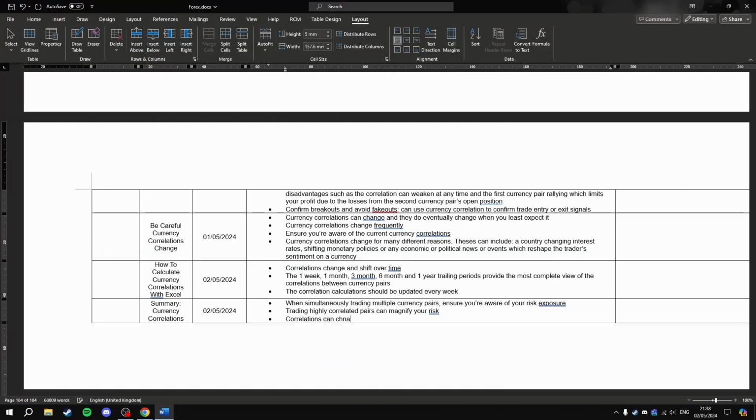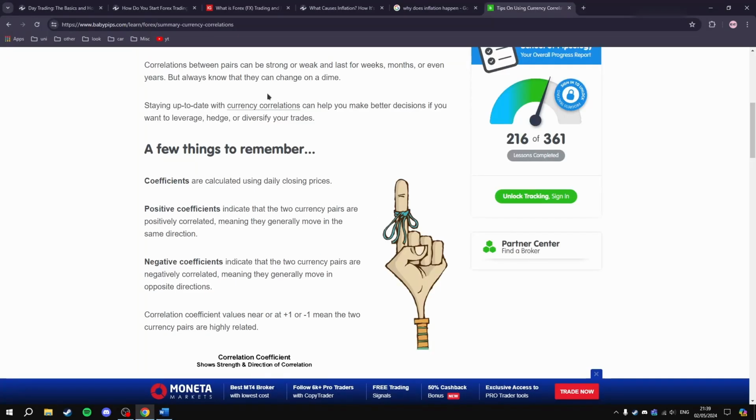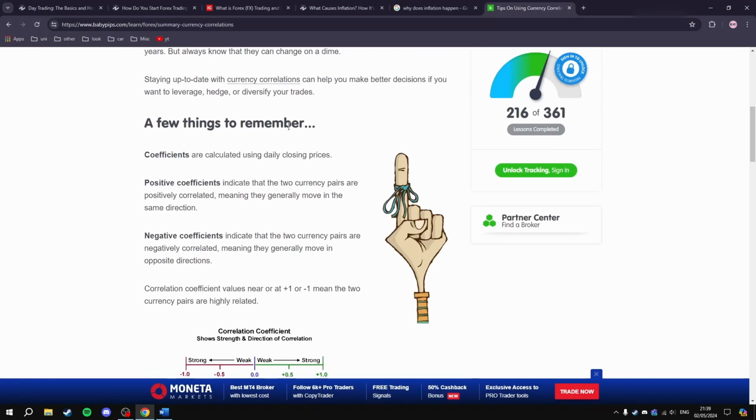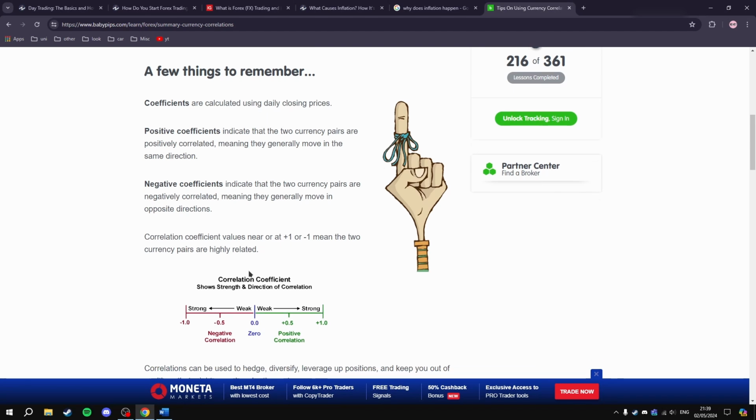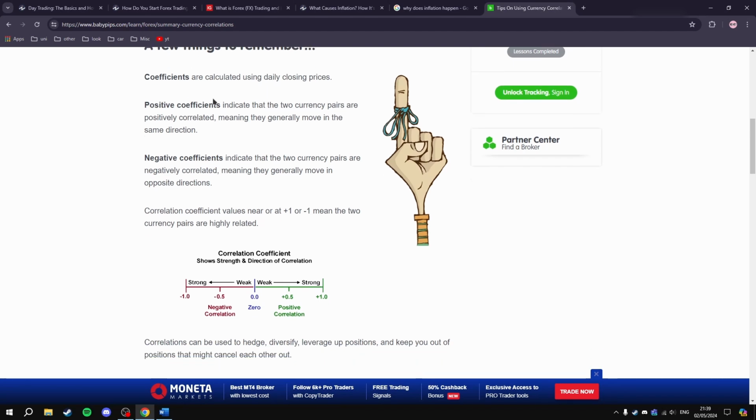Correlations can change at any time, and will change at any time. Staying up to date with the currency correlations can help you make better decisions if you want to leverage, hedge, or diversify your trades. A few things to remember.